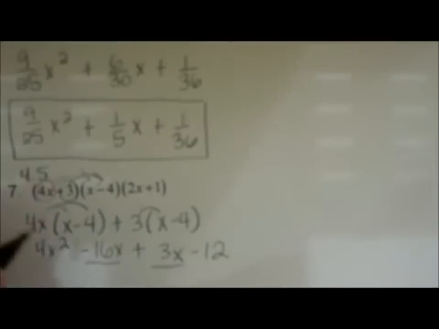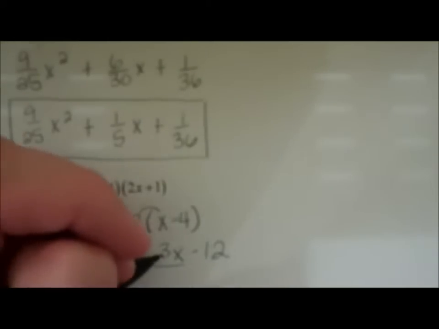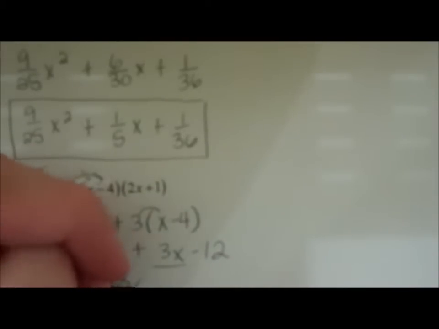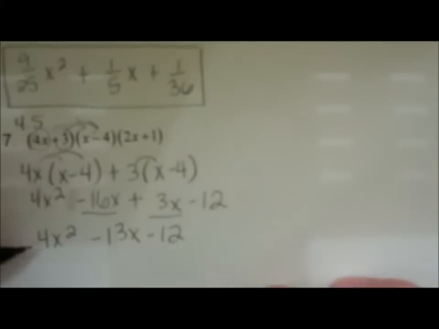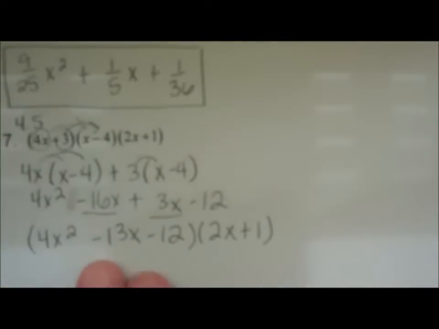When I do that, I get 4x squared, and we have a negative 16 and a positive 3, so that's negative 13x minus 12. Okay, so that's when I multiply the first two. After I multiply those first two, I still have this one that I need to multiply it by, 2x plus 1. Okay, now from here, I'm going to take this first term and multiply it by this parentheses.